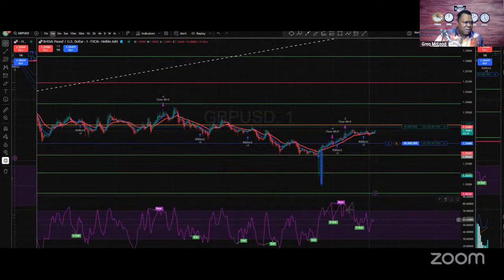We had a nice crossing of our 8 and 21 moving averages, a bullish crossover, higher highs, and we're starting to trend up toward that 26. We might actually hit that target while I'm doing all this talking, right? So we're looking for that area, up 25,950 is the current profit right now.